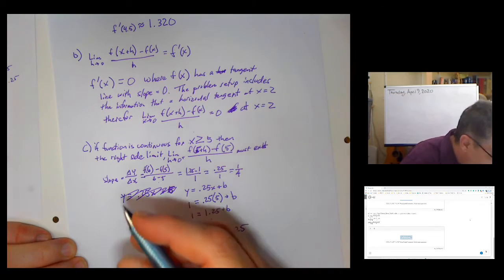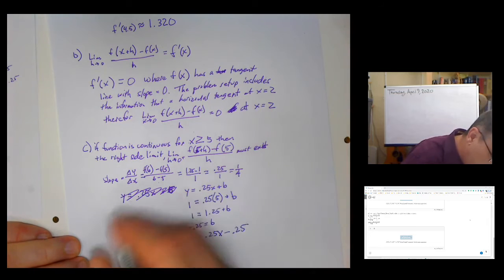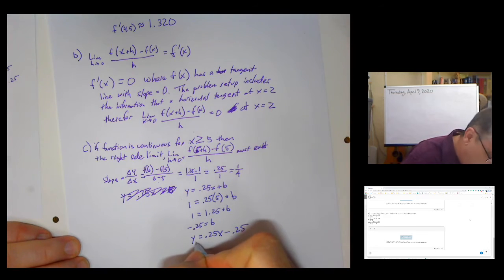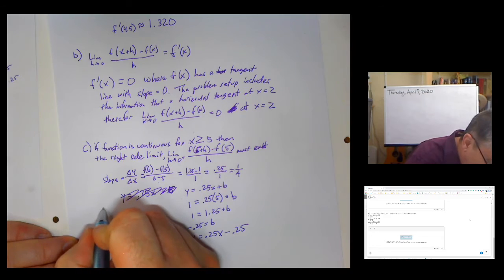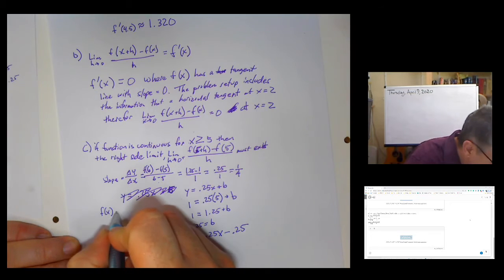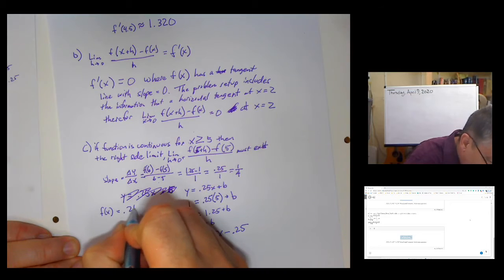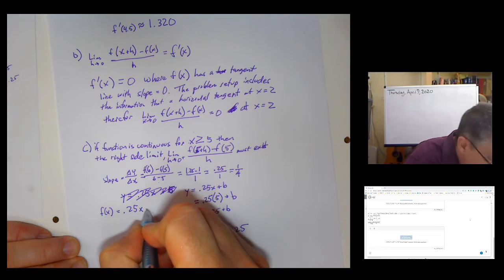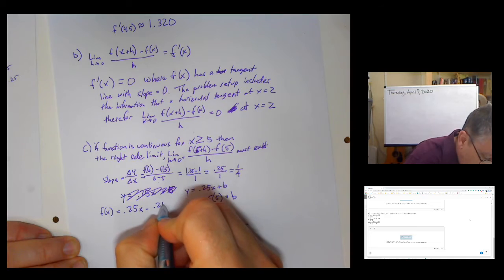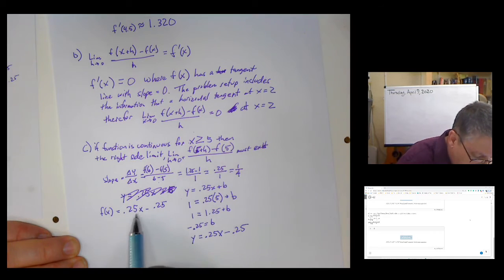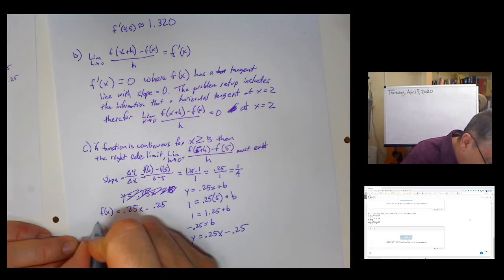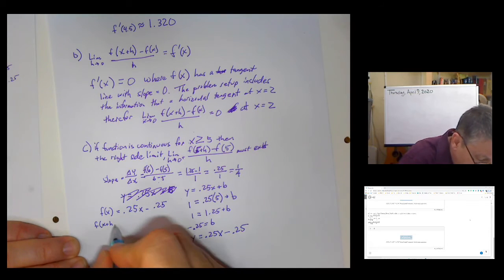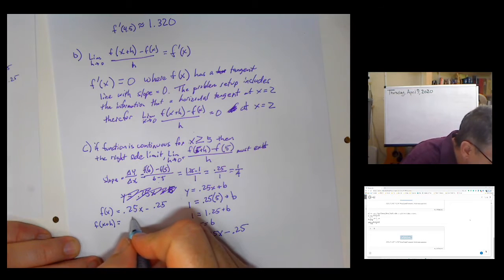So we're going to take that y back out and put f of x in there. So we're going to have f of x equals 0.25x minus 0.25, right? Okay, you with me there? That's what f of x equals now. We've got a different formula in there. So now we can say that f of x plus h, that's what we're trying to figure out, because we need to deal with that h and see if it's going to go away, which it is in a minute.